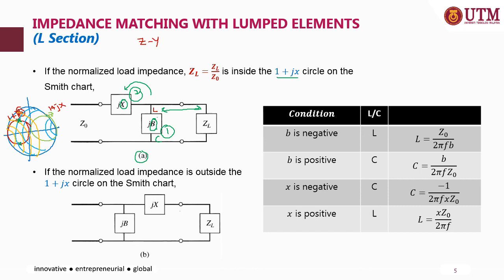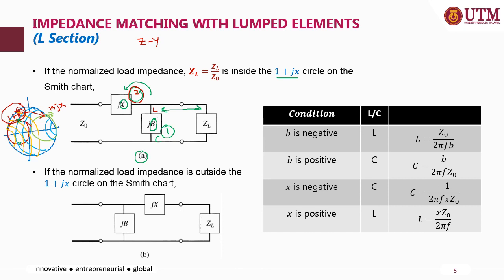Okay, next, once we have solved the B, then we look at the second component in series, which is the jX. Then you need to refer to the Z lines within the Smith chart, right?